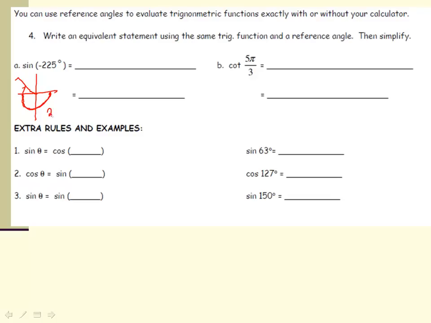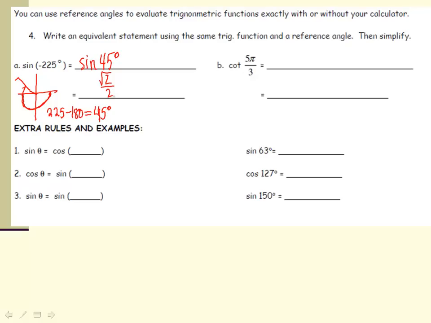I'm going to do 225 minus 180, and that gives me 45 degrees. So really, this is the sine of 45 degrees. And if you look at the unit circle that we've constructed, the sine of 45 degrees is the square root of 2 over 2.